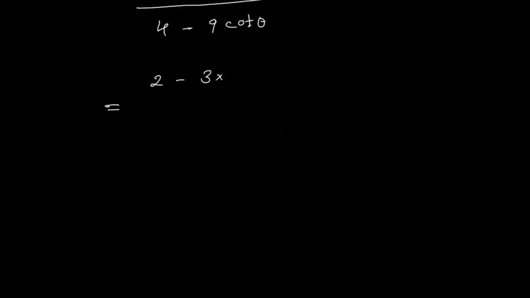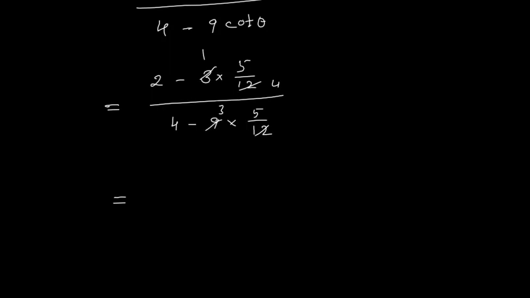So 3 into 5 divided by 12, whole divided by 4 minus 9 into the value of cot theta, 5 upon 12. So this will become, 3 1 is 3, 3 4 is 12, and 3 3 is 9, 3 4 is 12. So the numerator is 2 minus 5 divided by 4, the denominator is 4 minus 3 5 is 15 upon 4.